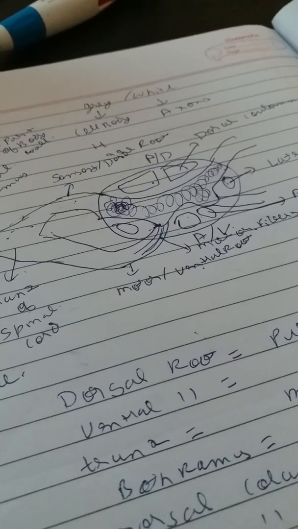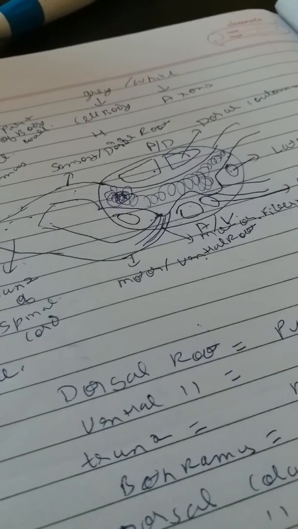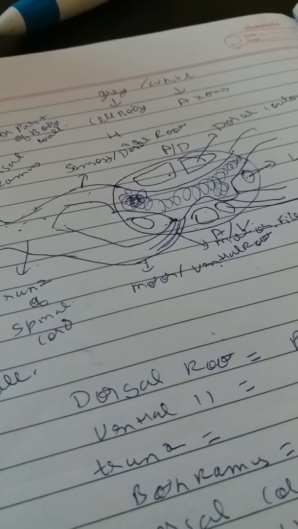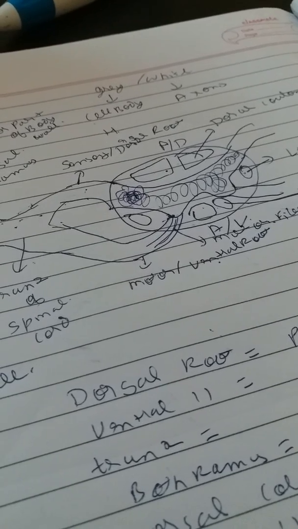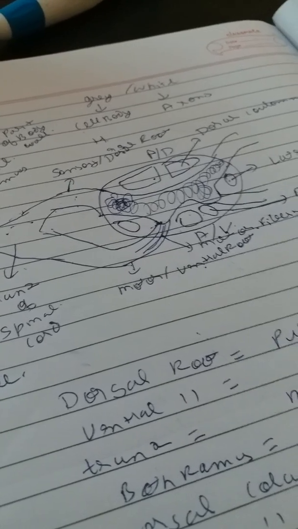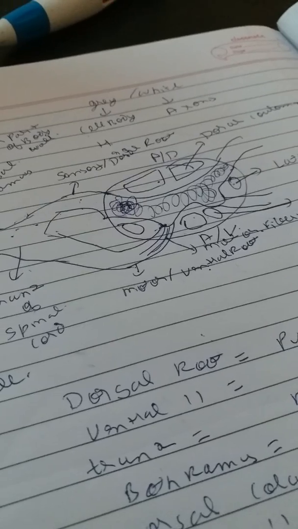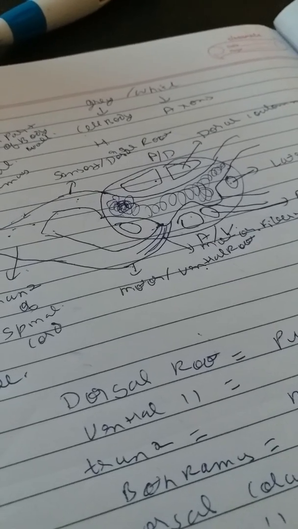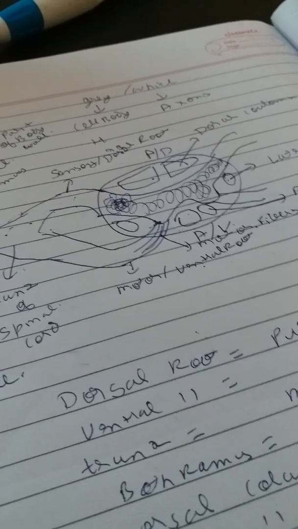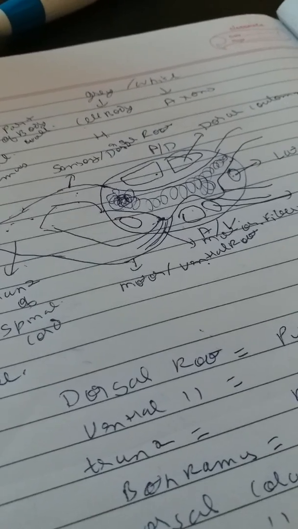Now what is the difference between the sensory and the motor? The sensory nerve fibers are the fibers which carry information from any part of the body to the central nervous system. And the fibers which carry information away from the central nervous system to the effector parts are known as the motor.